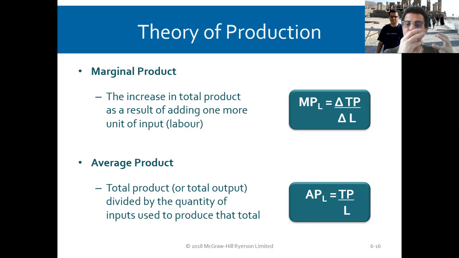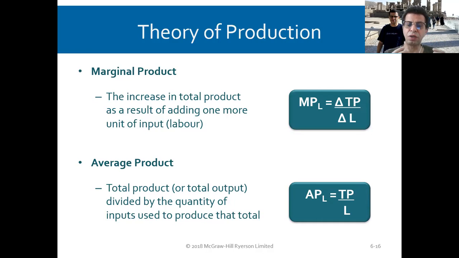So the increase of product as a result of adding one more unit of input. The marginal product is equal to the change in the total product over the change in the labor. And if you have one more, it's going to take you half an hour, but if you are only two people, it's going to take you 1 hour. If you add one more, it takes you half an hour, for example, something like that.